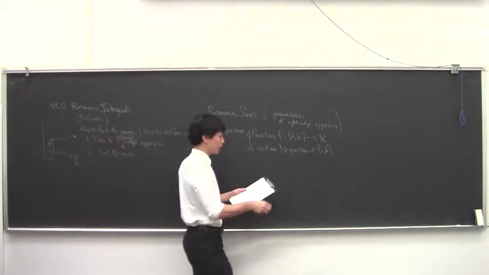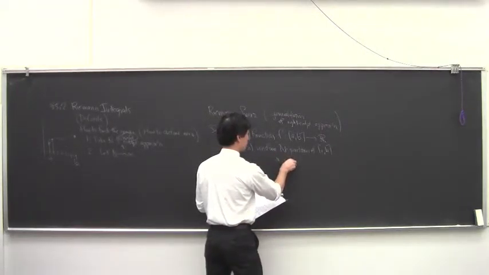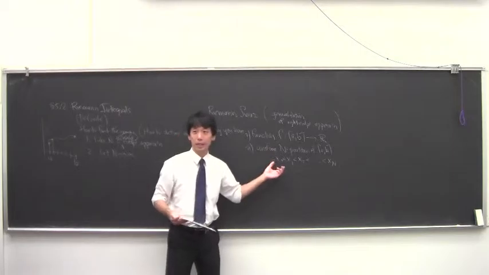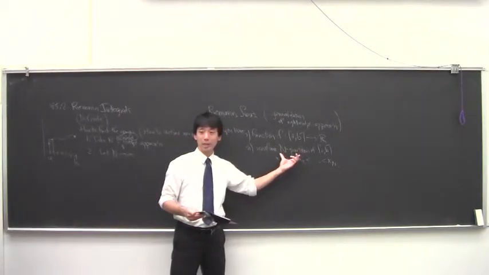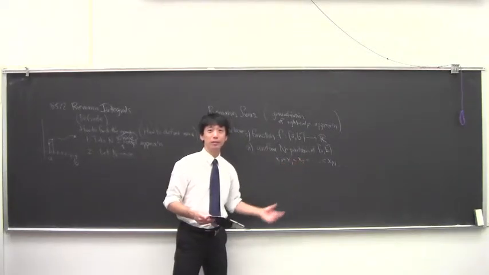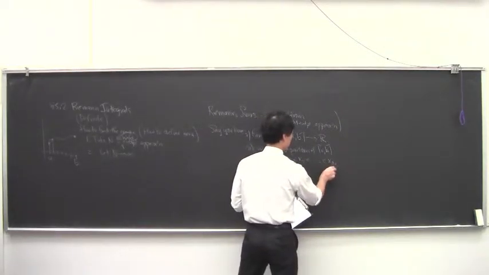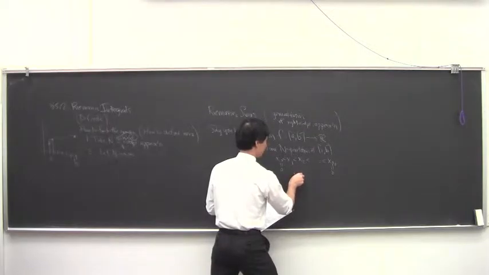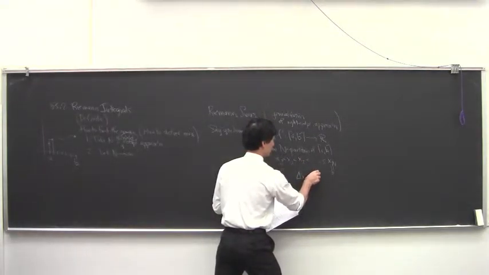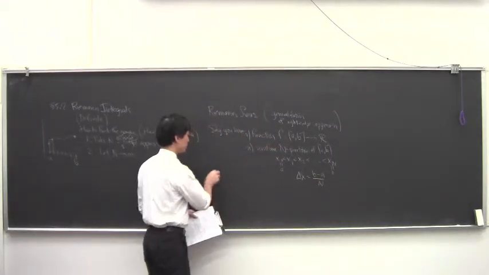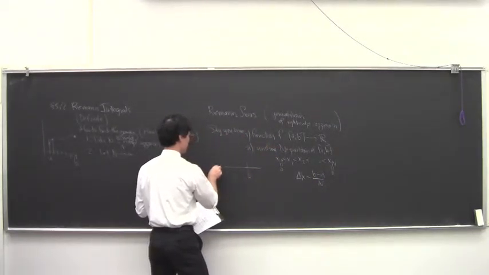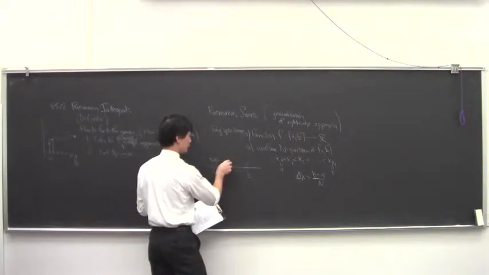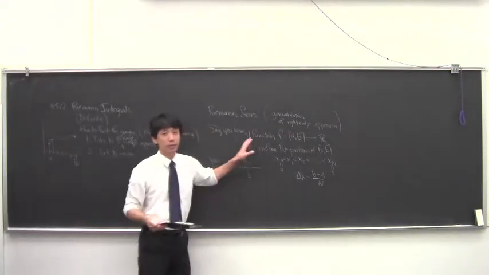That is, you've divided AB into n subintervals, just like last time. You divide the base into n subintervals, and these are the endpoints of the intervals, where this is A and this is B, and the change in x is b minus a over n. So you have AB divided into n parts, where the endpoints are x0, x1, x2 up to xn.